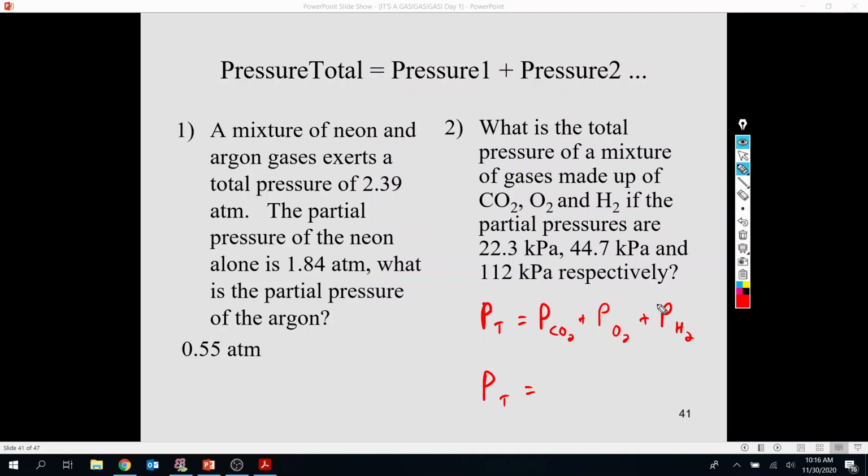All right, and I have come up with 179 atmospheres. Oops, excuse me, it's not atmospheres, it's kilopascals. 179 atmospheres would be an incredible amount of pressure. You would not be doing well with that amount of pressure.